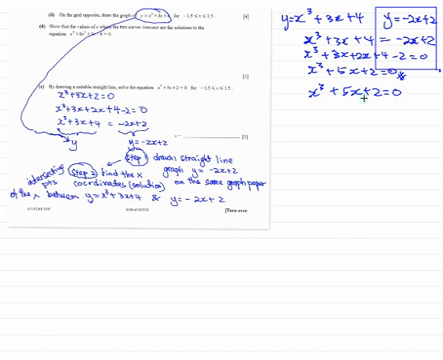So if you are given this and asked to solve this, what you have to do is split it so that one side of the equal sign is this function, and the other side is this. Then I can draw it on the graph, y equals minus 2x plus 2.